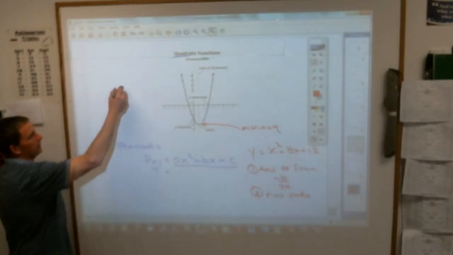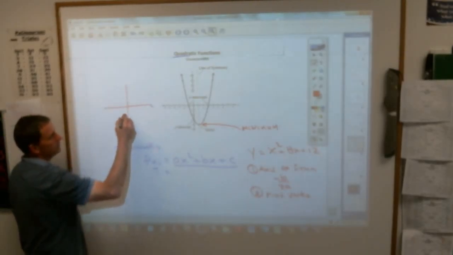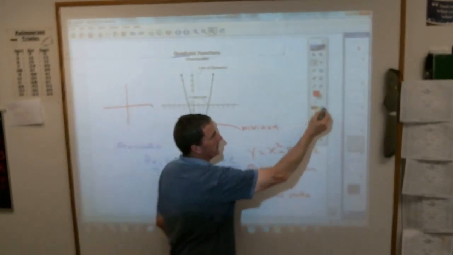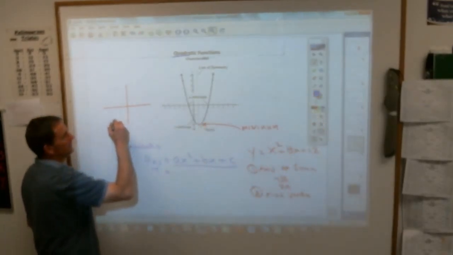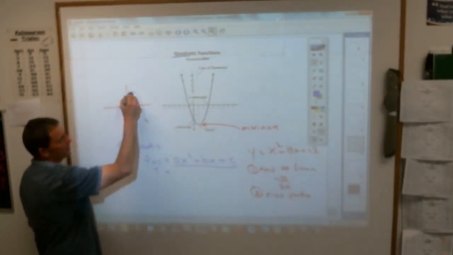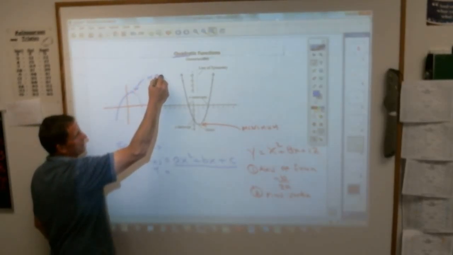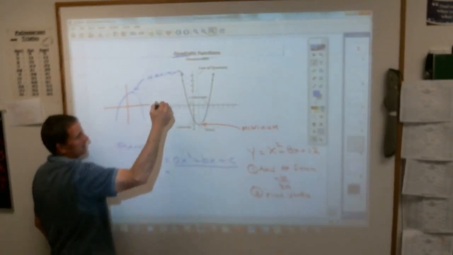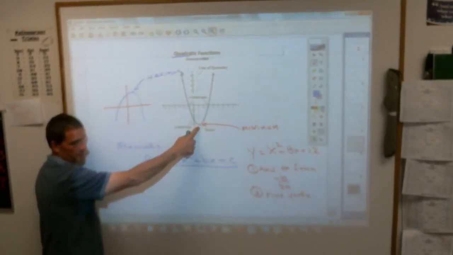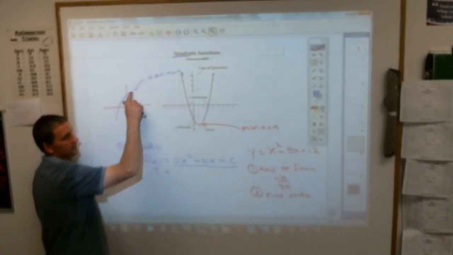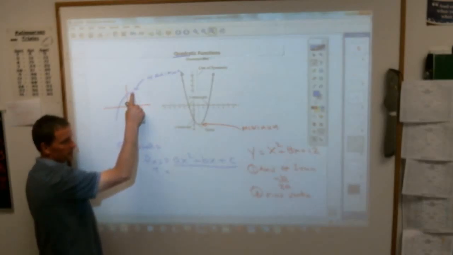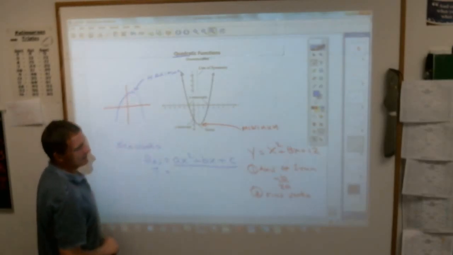If, when you graph the parabola, you get an umbrella-shaped parabola like this, then the vertex is called its maximum. It only makes sense because this is the smallest the graph is ever going to get, and this is the biggest it's ever going to get if it goes that way. So you need to find that.